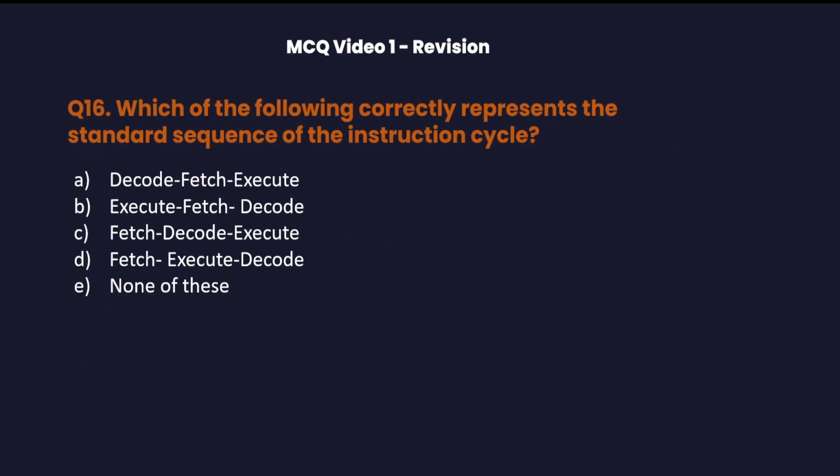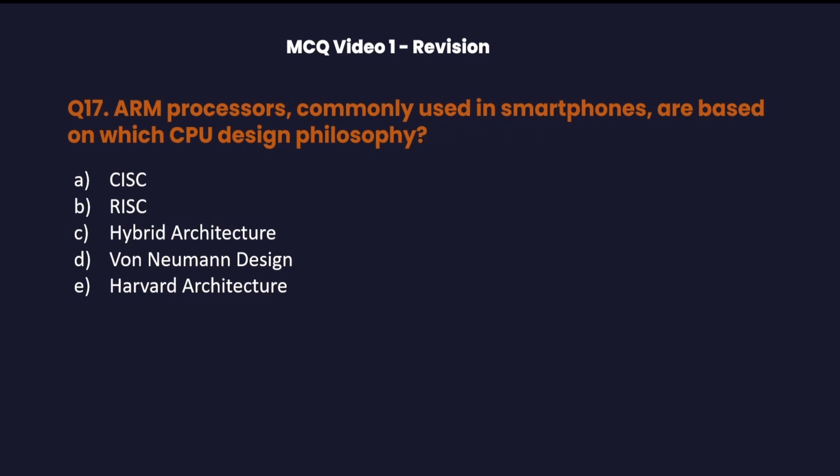Question number 16. Which of the following correctly represents the standard sequence of the instruction cycle? Simple question. Actually, all are simple. The right answer is option number C, fetch, decode, execute. Question number 17. ARM processors commonly used in smartphones are based on which CPU design philosophy?